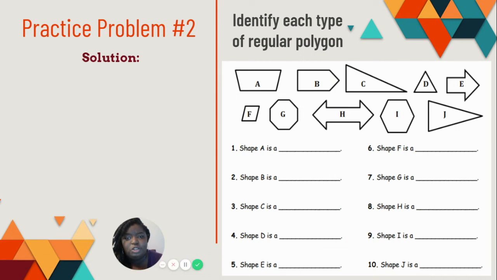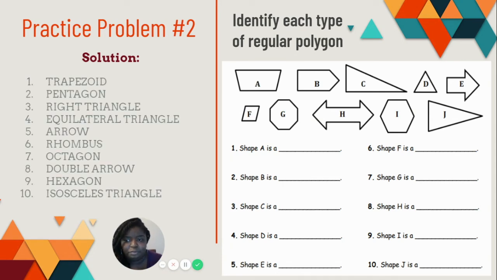So going into practice problem 2. Like I stated, you had 10 shapes, and we wanted to identify what shapes are what. So number one, or shape A, is a trapezoid.